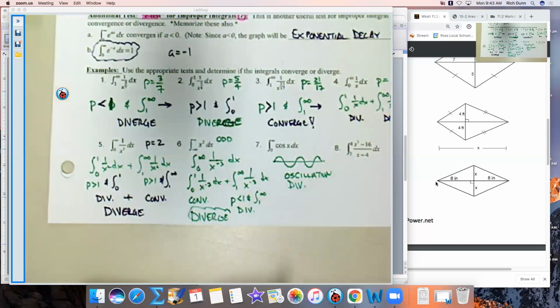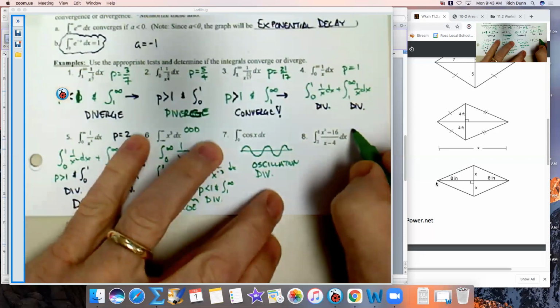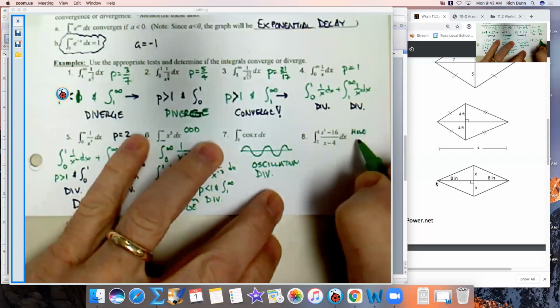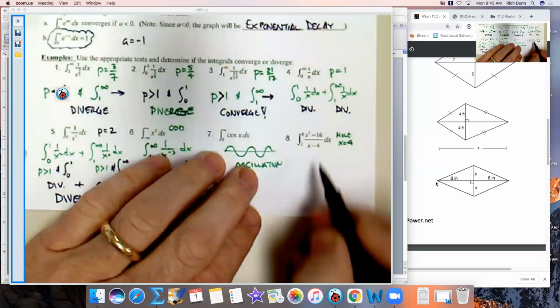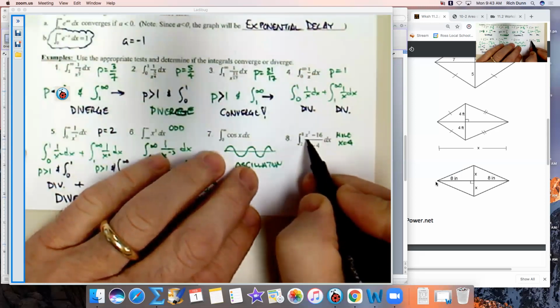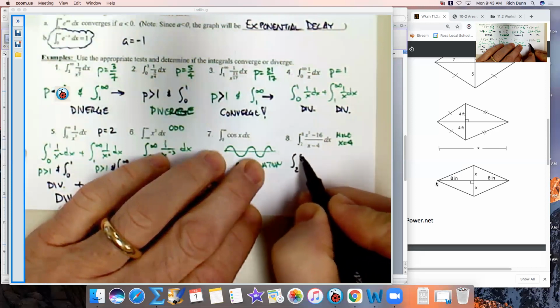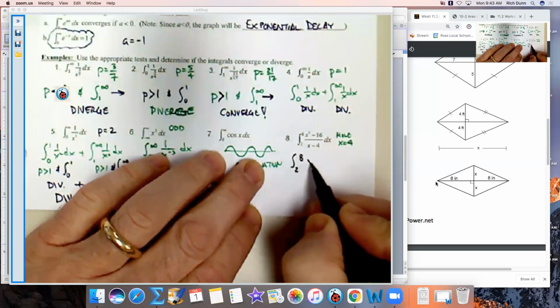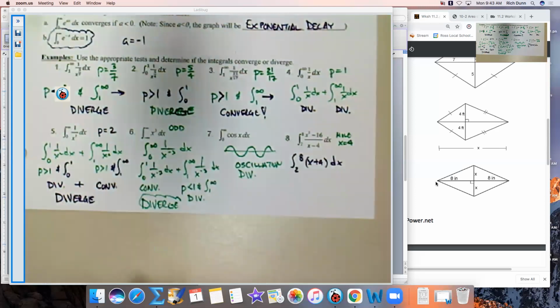Okay. Next one, you'll see that we do have a hole in this one at x equals 4. But this can factor out. We know that this is going to be an x minus 4, x plus 4. Factoring this out, we'll integrate this from 2 to 8 of x plus 4 dx.